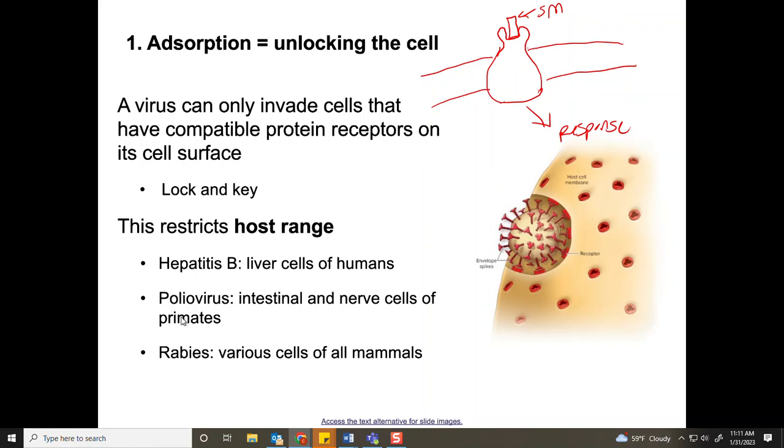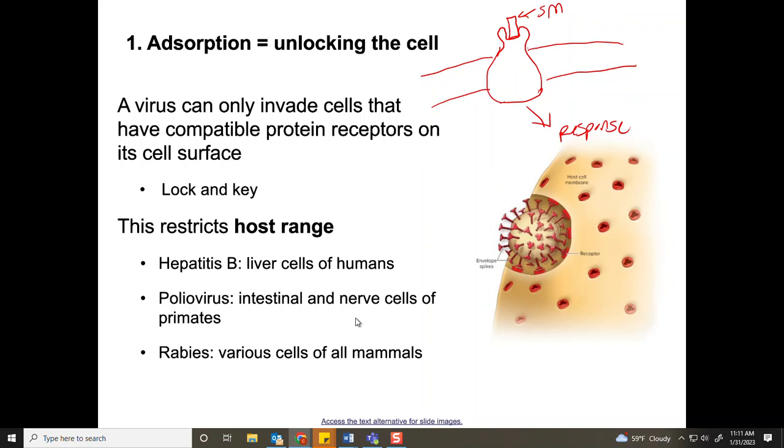The poliovirus infects intestinal and nerve cells of primates, so it's not limited to humans in this case. It can infect any primate, and it infects specifically their intestinal or nerve cells. And again, that's because those cell types of those specific groups of organisms have the certain protein receptors that they are capable of interacting with.